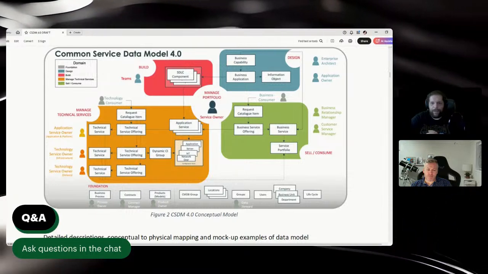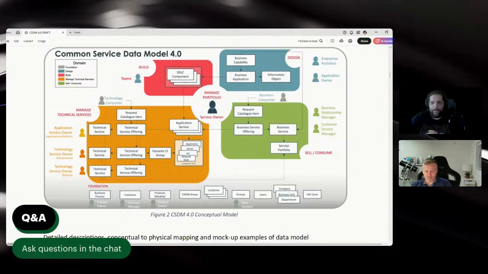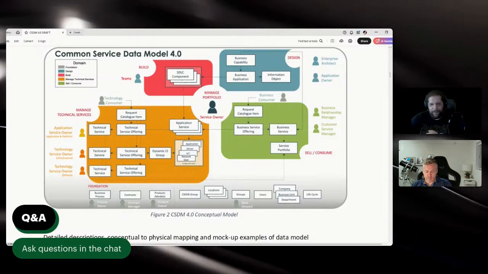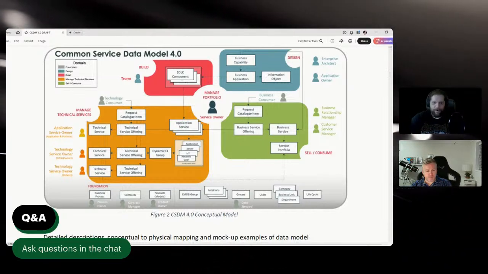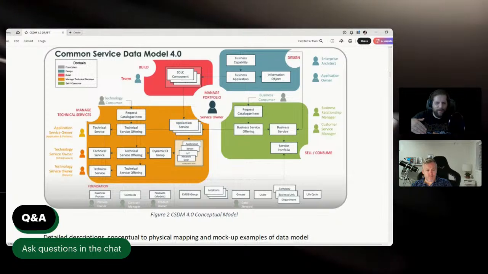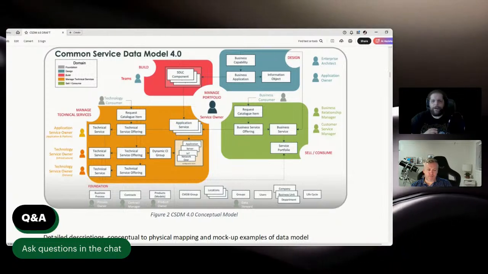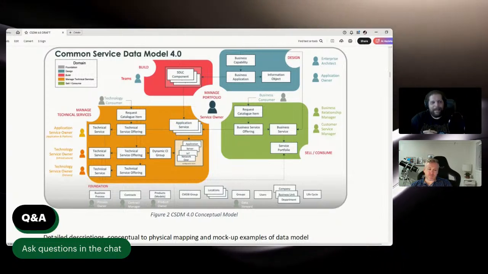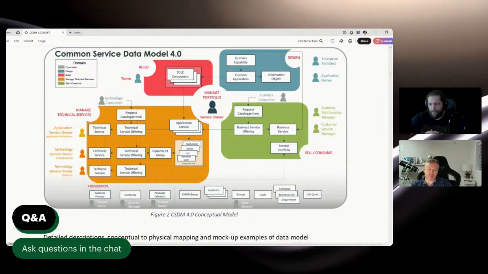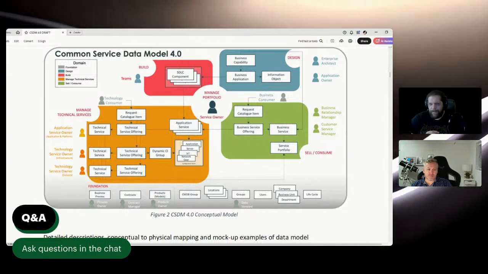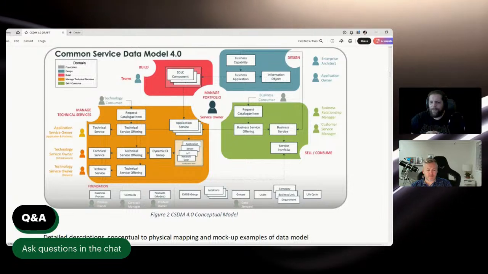I encourage, if you want to go with SLAs and so on, and you have that already on your roadmap, go with at least one service offering, and then you have your supporting service. I like to call the technical services supporting services, because that also helps understanding what they are there for.